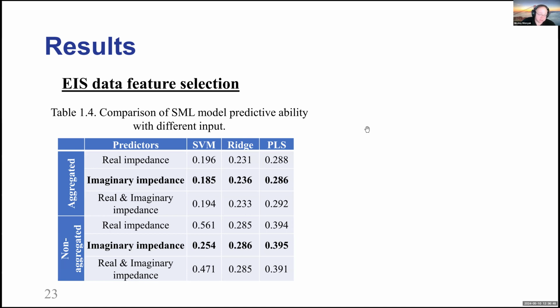And in some cases, say for non-aggregated concentration, it is interesting that if we use imaginary impedance, then say for SVM, the RMSE is 0.254. But if we add another curve, then the root mean squared error increases. It seems somewhat counterintuitive, but this is an artifact of the small sample sizes that we have.